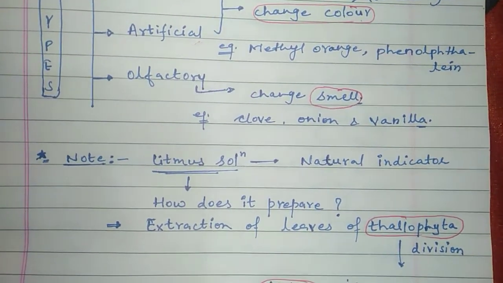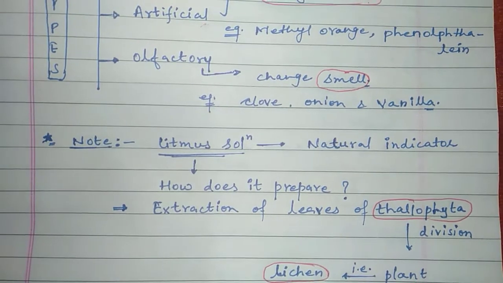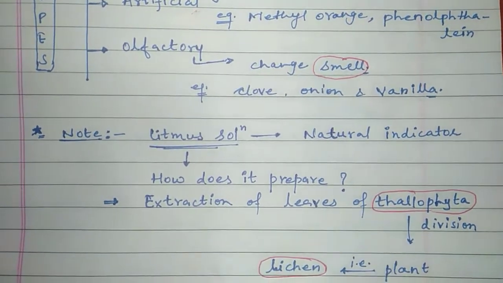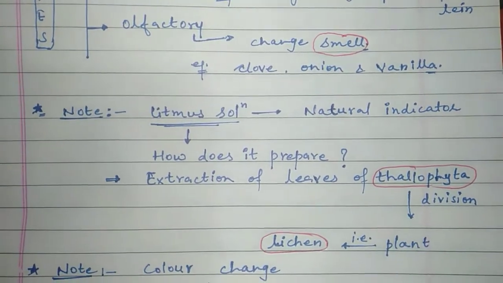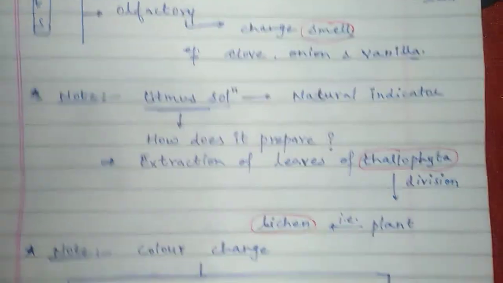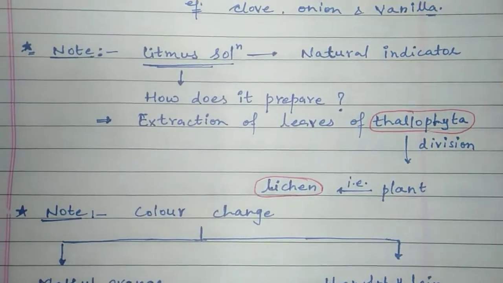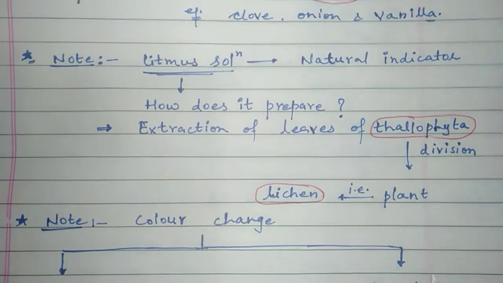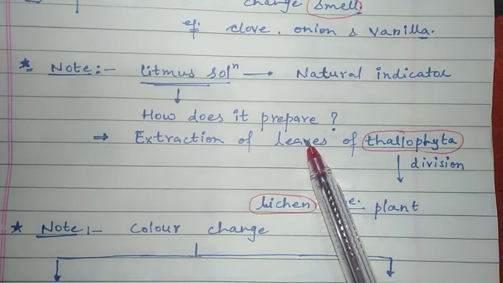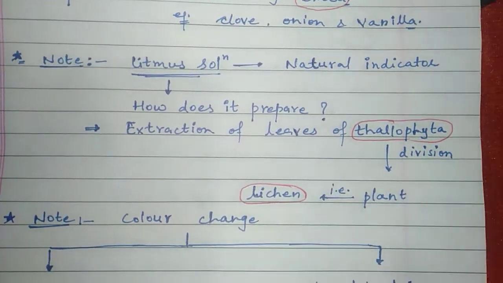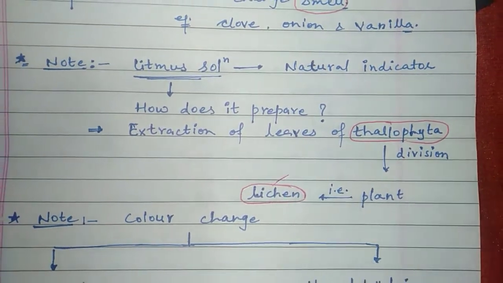Then students, we are going to discuss one more natural indicator, that is litmus solution. So what is litmus solution? How can we prepare it? For that we require the lichen plant.